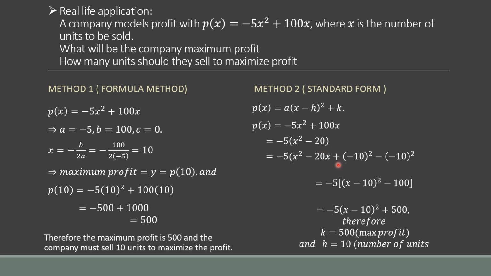We square it, add, and also subtract. Then create a perfect square with the x and the -10 in this form, and also multiply the -5 across the bracket to obtain -5 (x minus 10) all squared plus 500, where k will be the maximum profit and h represents the number of units.